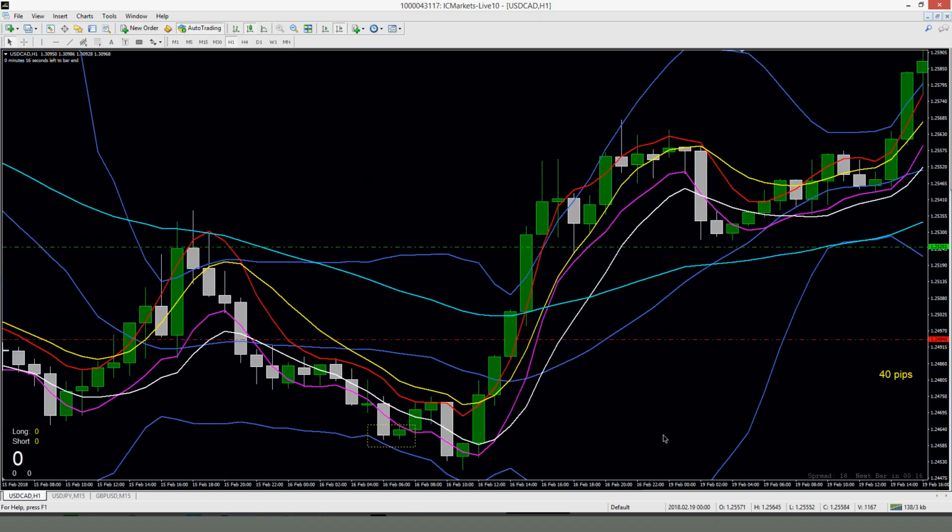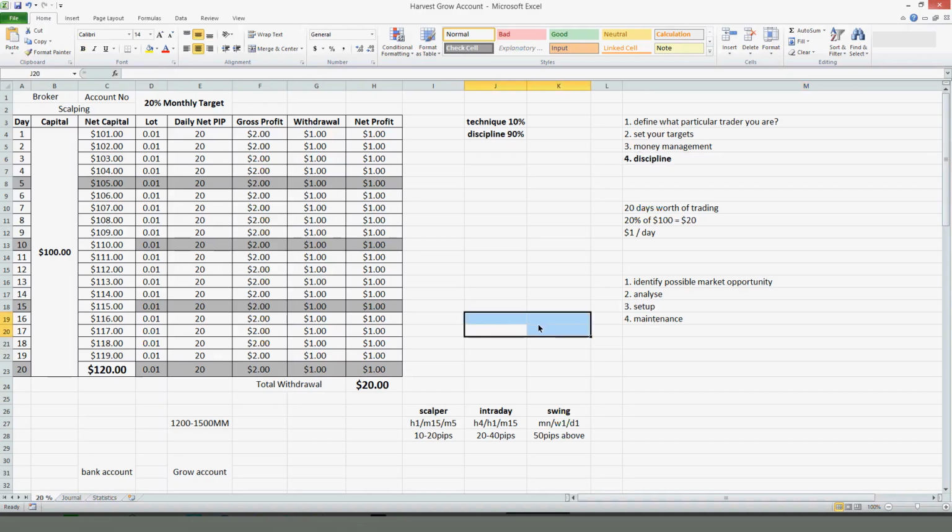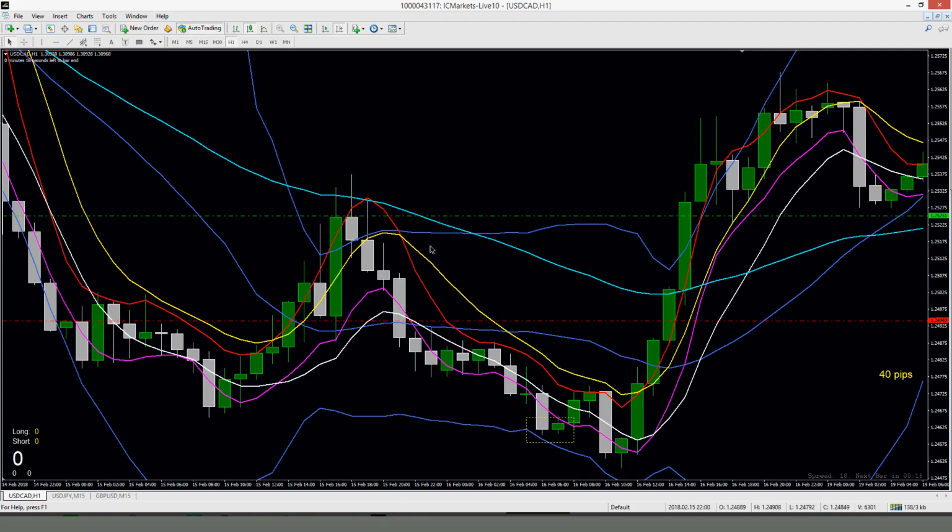That's the discipline part of it, because when you enter and it goes away from you, you should have a set plan. For example, let's go to this entry again. When this entry happened, you are confident that the price is going to go up.